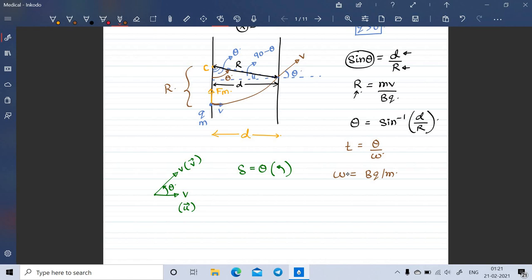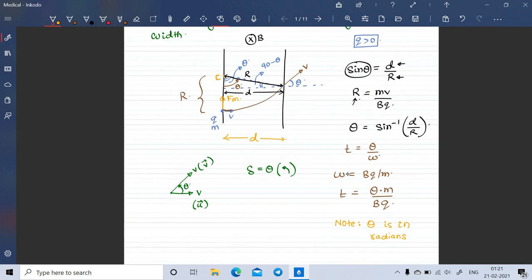So time taken will be, right. So remember, this theta has to be in radians, right?